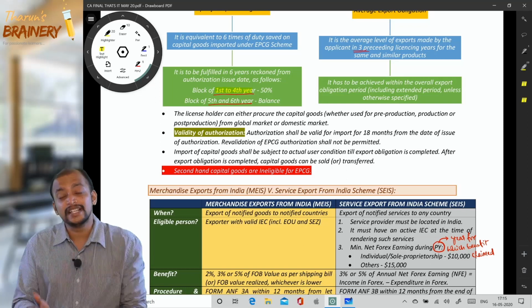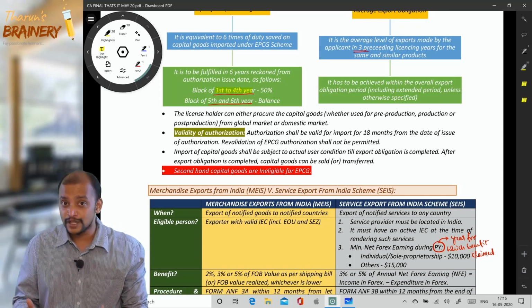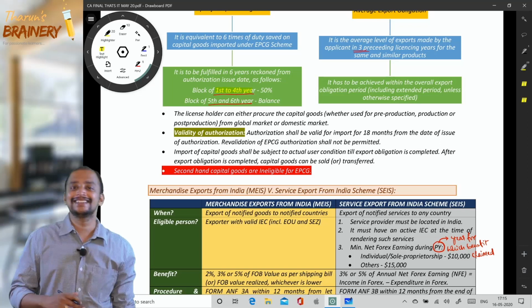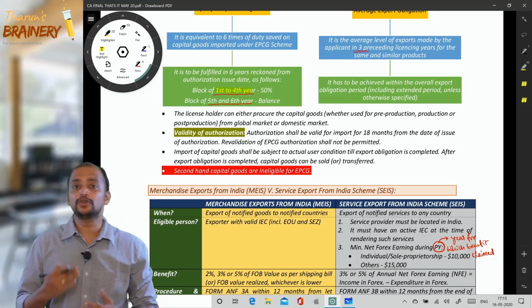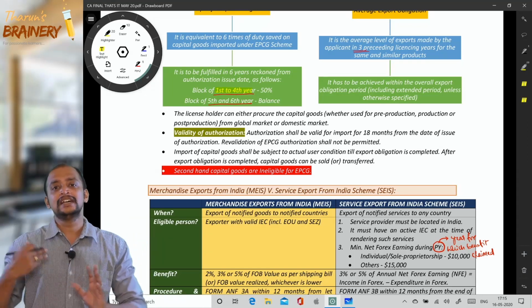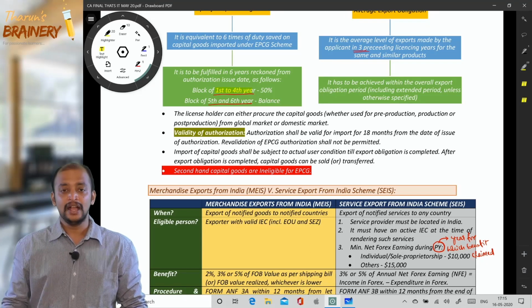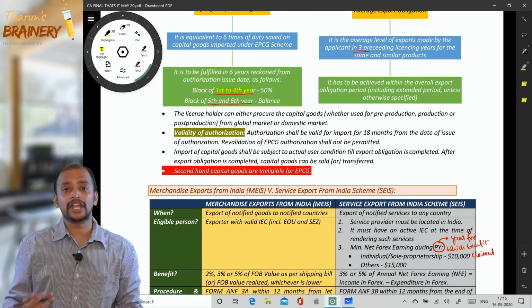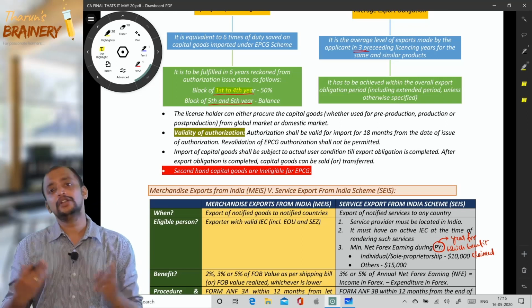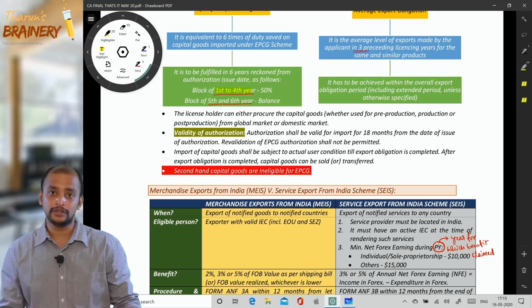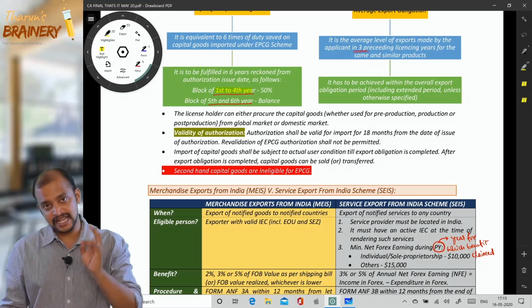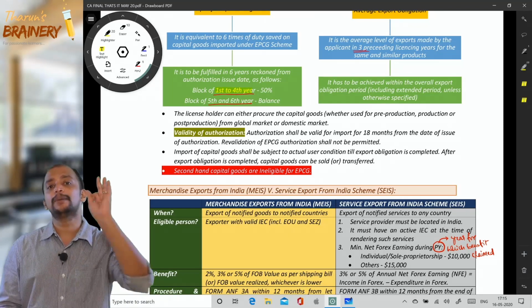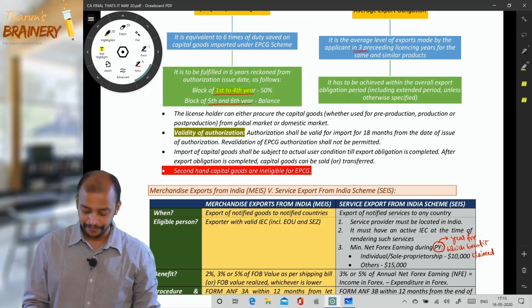Now there is a duty saving even with respect to local procurement under these three schemes. That is, you don't have to import, you can purchase locally, still you don't have to pay GST. So therefore, these 3 schemes, AA, DFIA, EPCG, are equally applicable for local procurements.